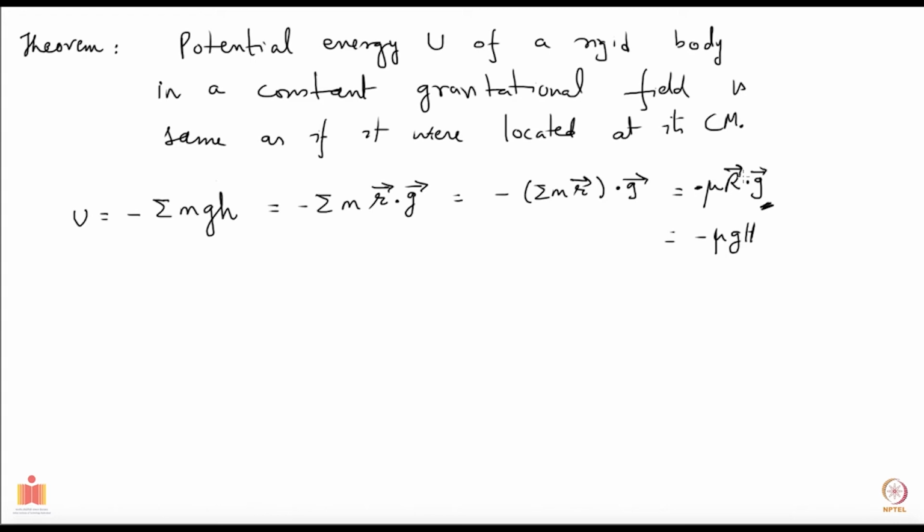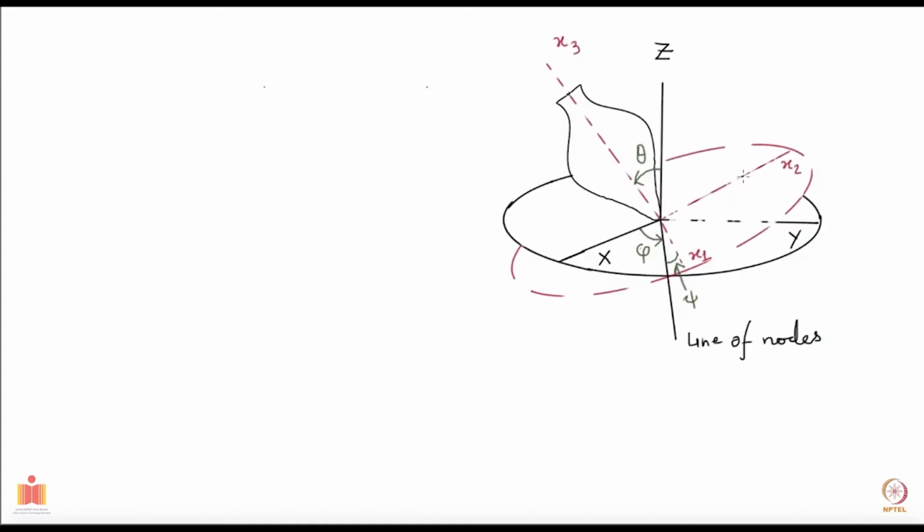Okay, so that's nice. Now let's go to our goal here, which is to study the motion of a heavy top which is under gravity, uniform gravity. So here I have drawn such a system. Let me write it down here.